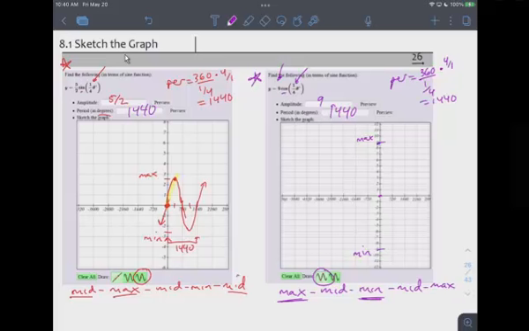And so if we start at a maximum, here's where our first point will be. The period is 1440. So it's going to end here. So here's your end critical points. Cut that in half. Cut each of those halves in half. Okay, and so when we look a maximum, our next is the midline right here. Next is our minimum, which is down here.